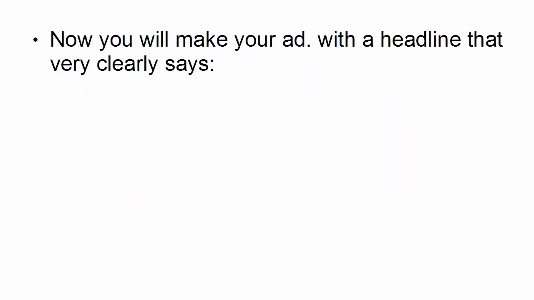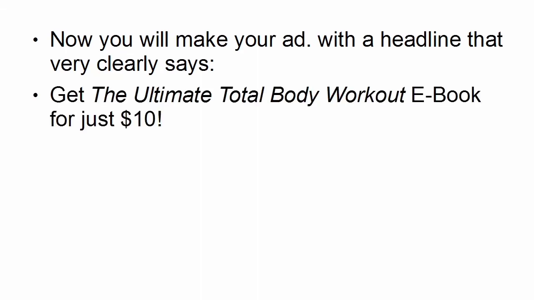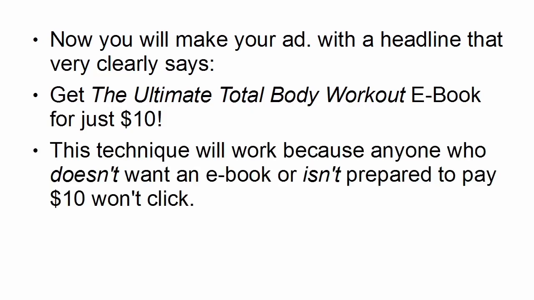So you'll make your ad with a headline that very clearly says something like, get the ultimate total body workout ebook for just $10. And this technique will work because anyone who doesn't want an ebook or isn't prepared to pay $10 won't click. So if someone wants a video, they're not going to click. Someone wants a free ebook, they're not going to click.